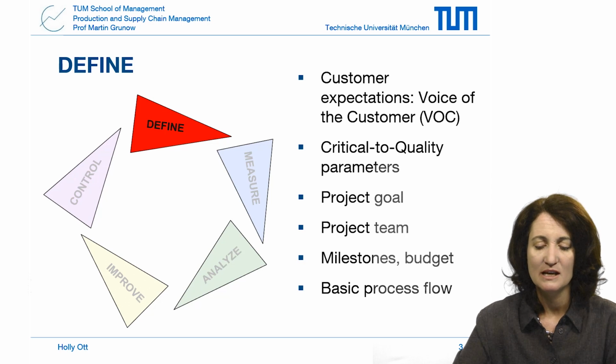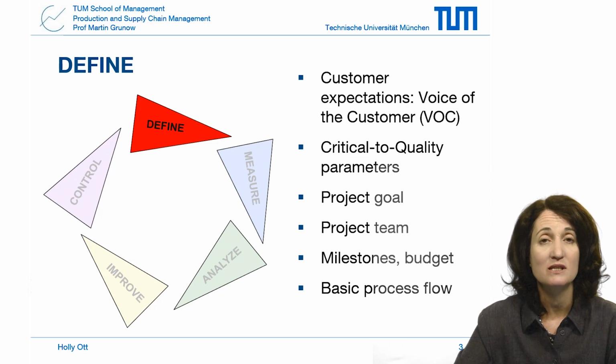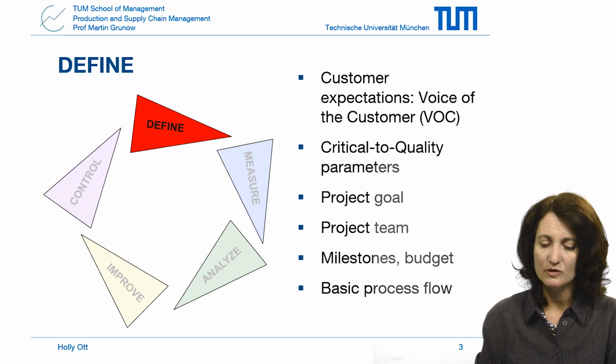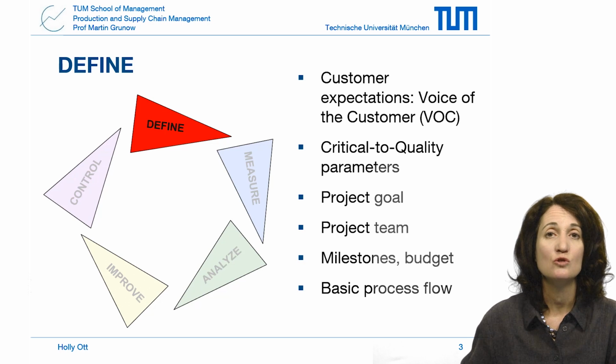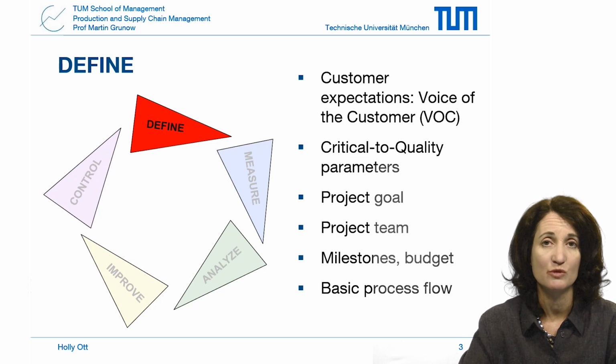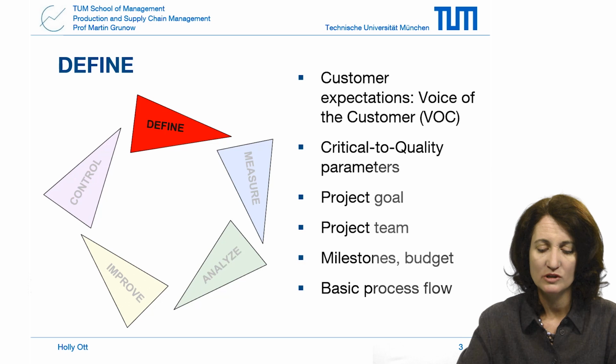And we call this then listening to the voice of the customer, or VOC. The parameters which are then critical to quality, critical to achieve the customer needs or the voice of the customer, can then be identified, and the overall project goals can then be defined.